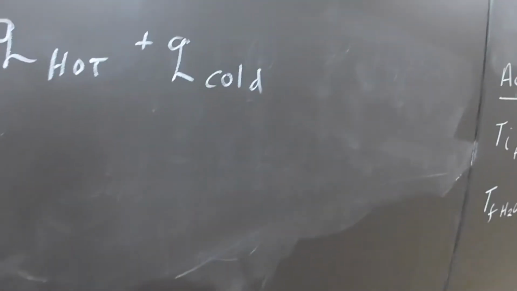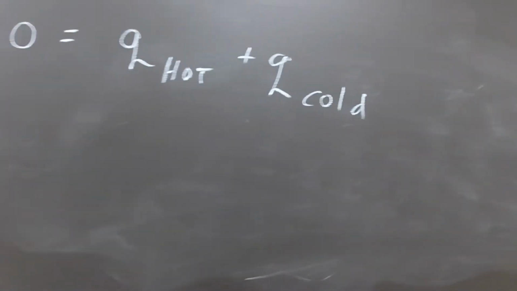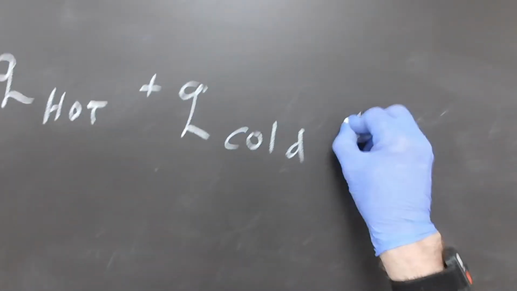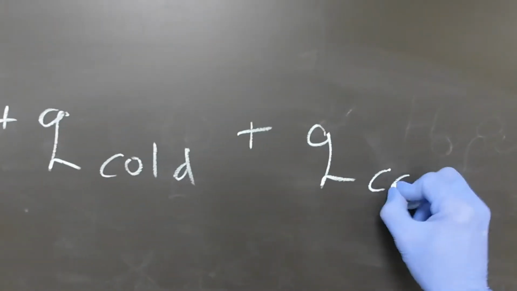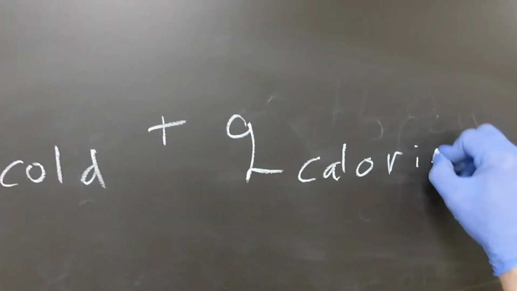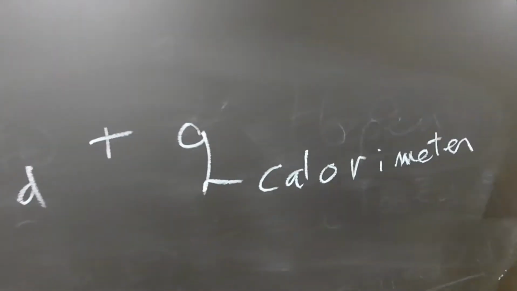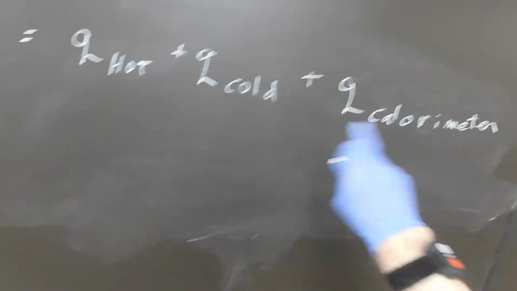Except that the calorimeter contributes something itself. So we have to add in what happens to the calorimeter in this process. And that calorimeter is always there for every experiment that we conduct. Okay? So here's how you do it.